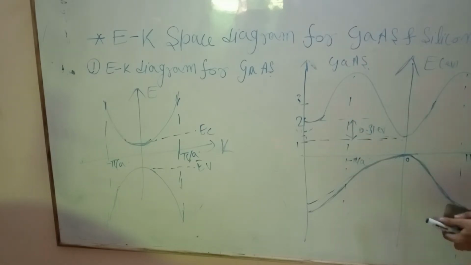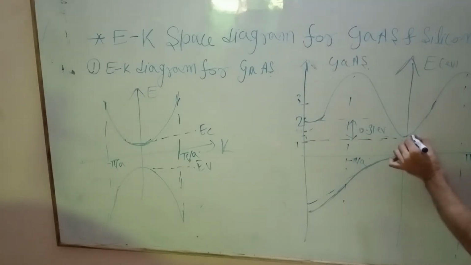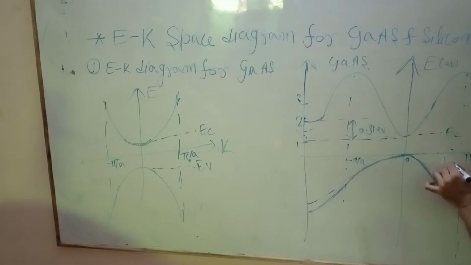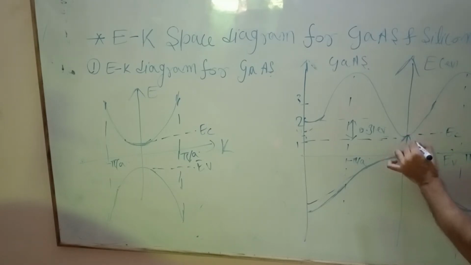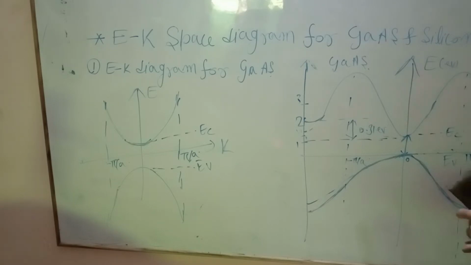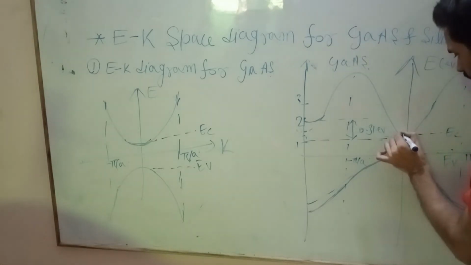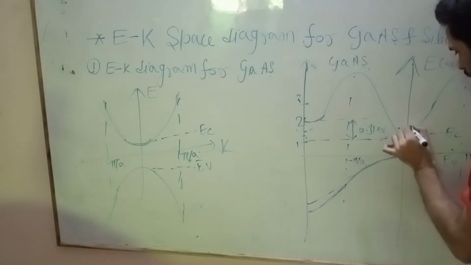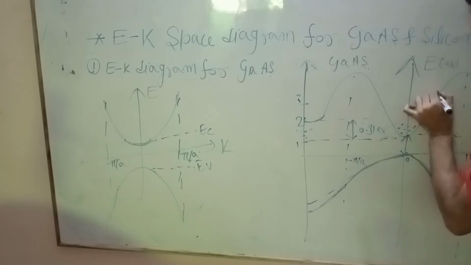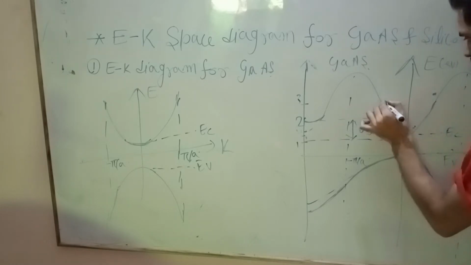Here, both the minimum conduction band energy and the maximum valence band energy occur for the same value of K. If you see here, in the conduction band there are electrons, some electrons in the conduction band are here.